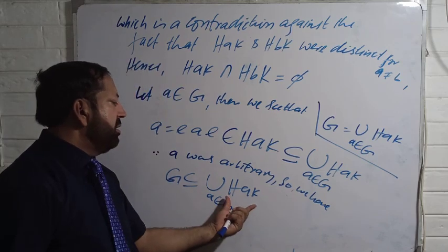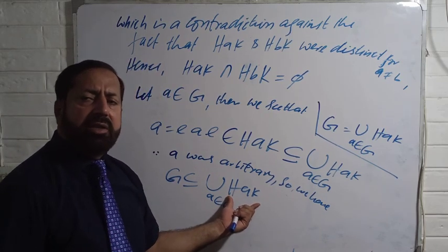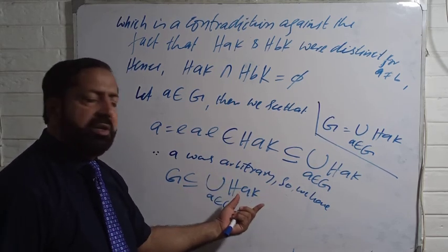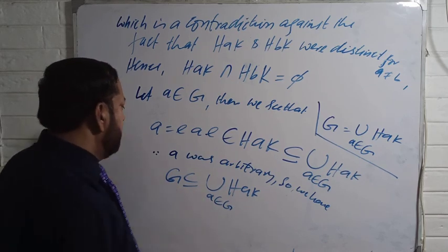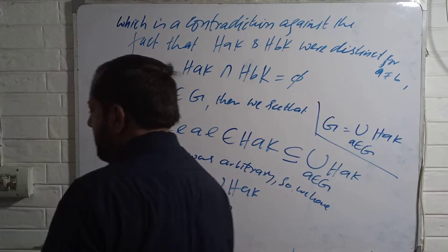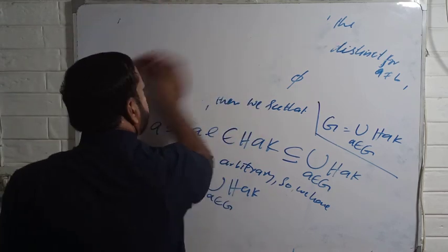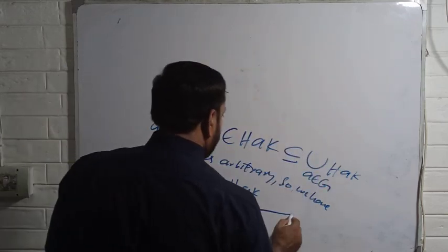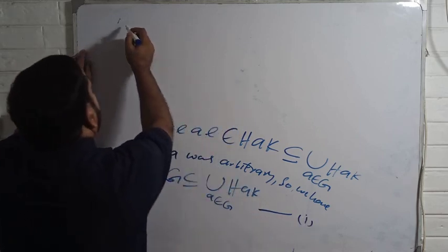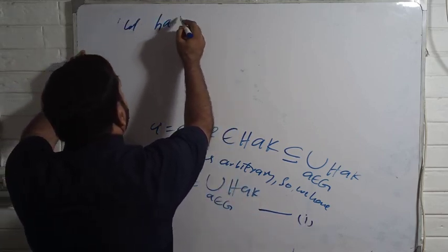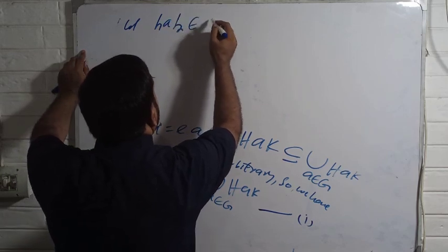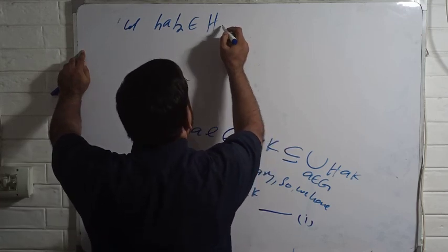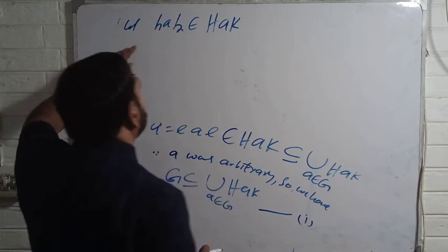And conversely, this is very easy, that HAK, whatever it is, is a subset of G. And the union of all subsets of G is in G, of course, right? Say number 1, let HAK belong to HAK, right?